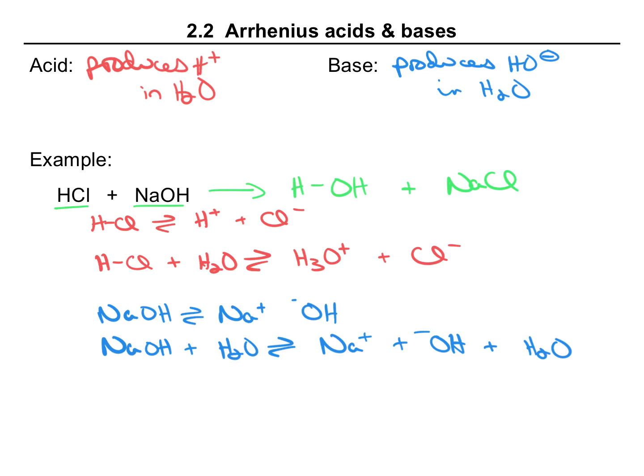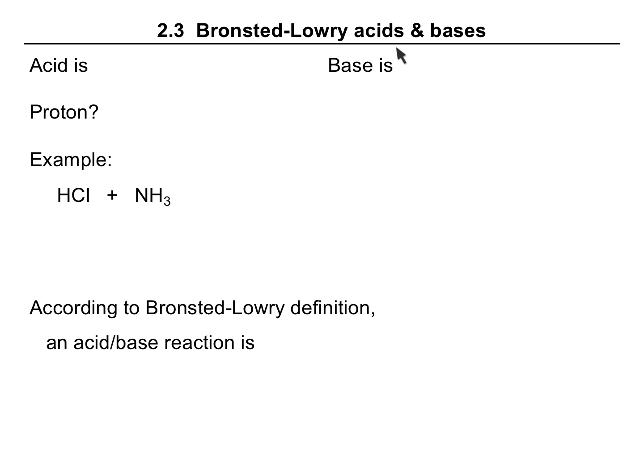I wanted to mention it just to be able to make a connection if this is something that you heard before, but we're going to focus on the Bronsted-Lowry definitions. According to the Bronsted-Lowry definitions, an acid is a proton donor and a base is a proton acceptor.